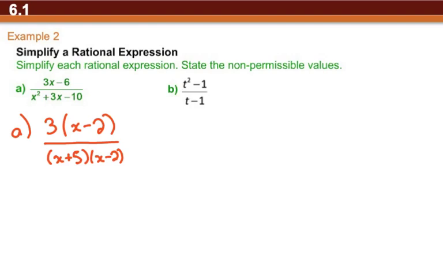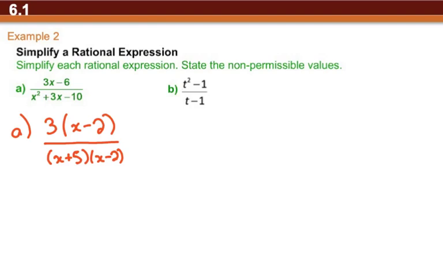At this point, and only at this point, can we look to cancel things from the top and bottom. We cannot look up here and say, oh, we have 3x and 3x. Those cannot be canceled because they are terms. They are being added or subtracted. We can only cancel factors, things that are multiplied. So we need to factor first, which is what we've done.